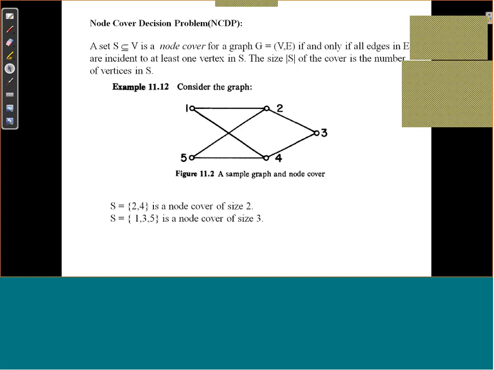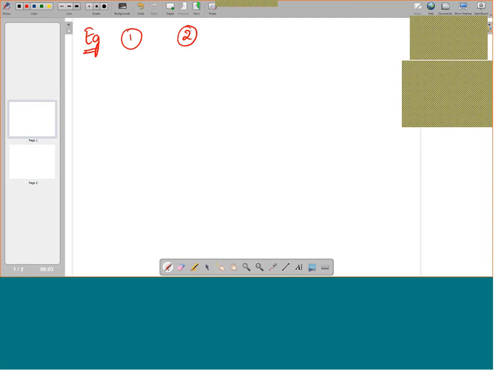For example, if we consider this graph like this, for this graph G, we need to find the node cover.